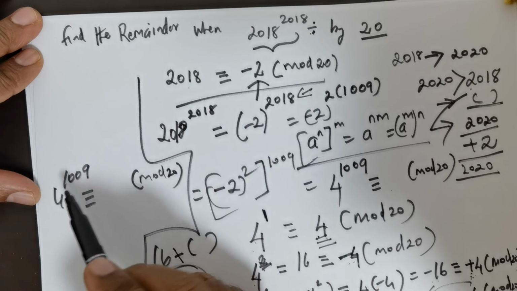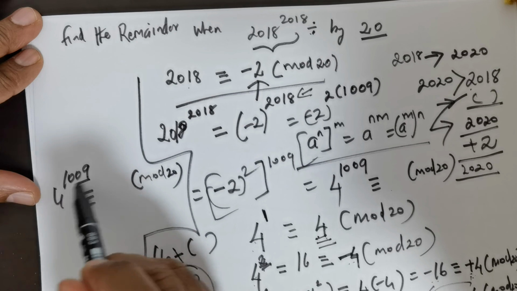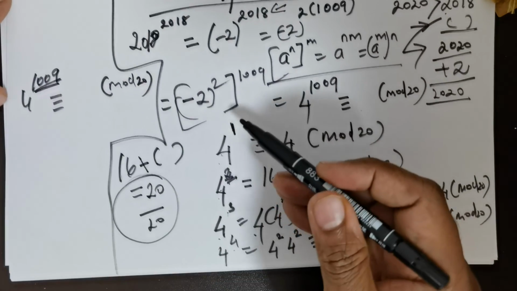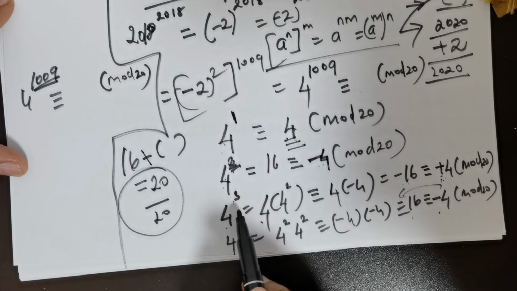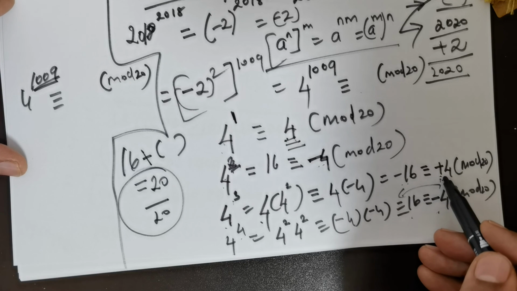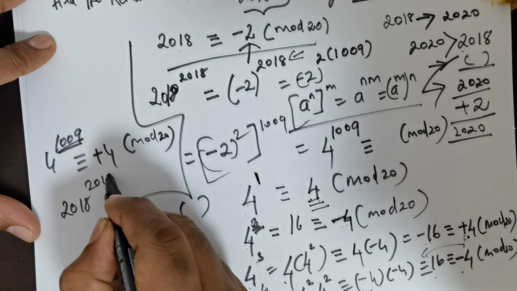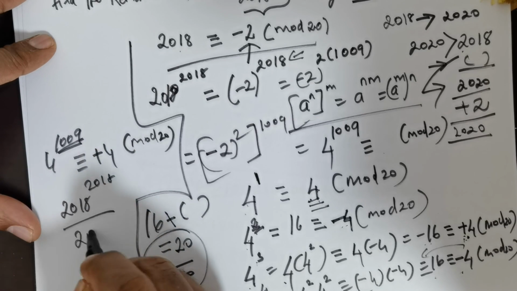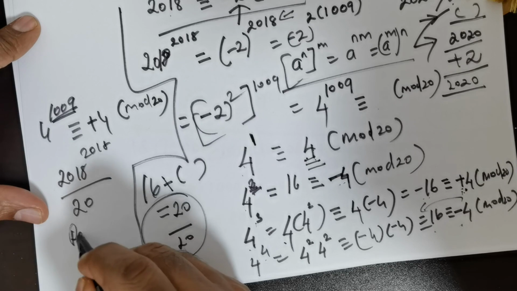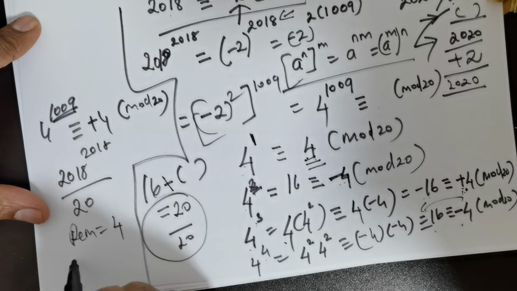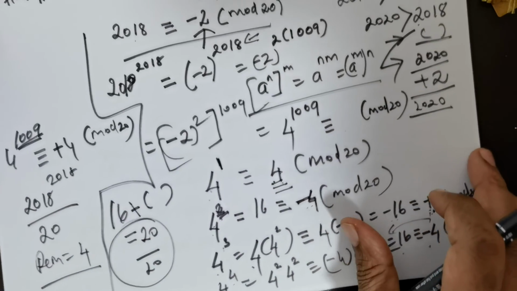Now clearly you have seen whenever the exponent is odd, you get the value to be congruent to 4 mod 20. So just place that 4 mod 20. In other words, when 2018 raised to the power of 2018 is divided by 20, the remainder is equal to 4. So that is the solution for this question.